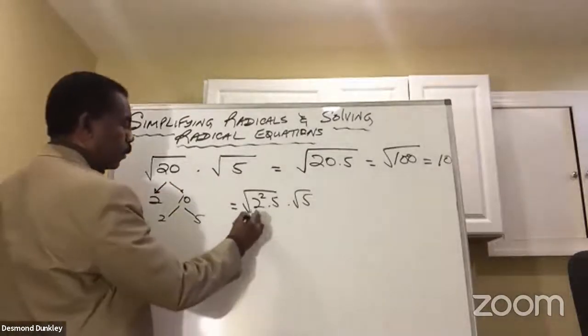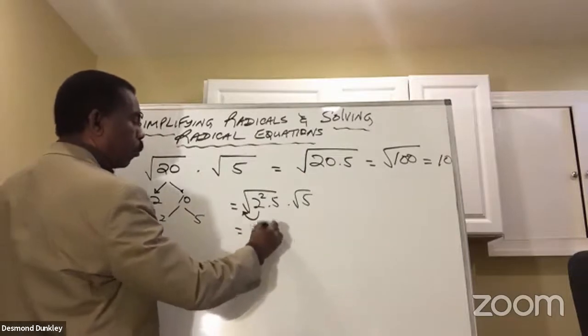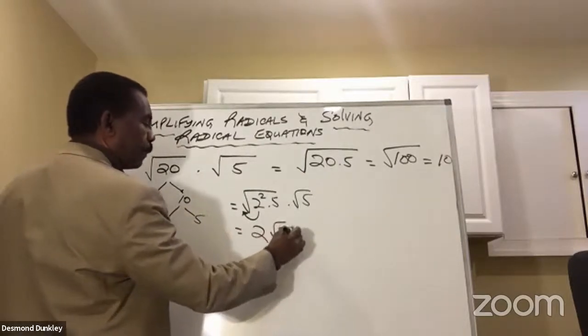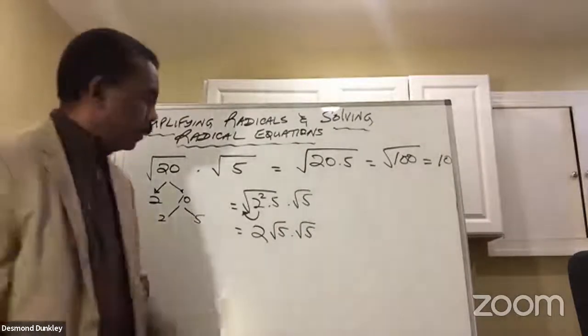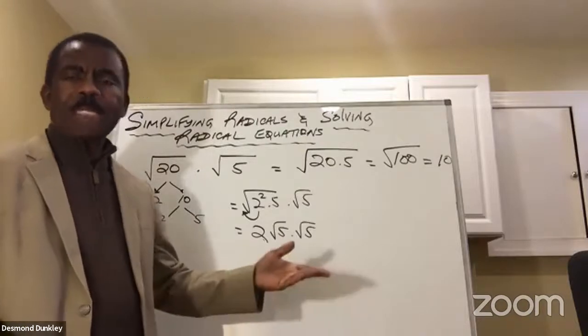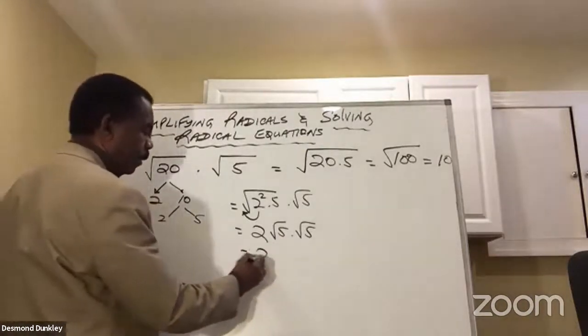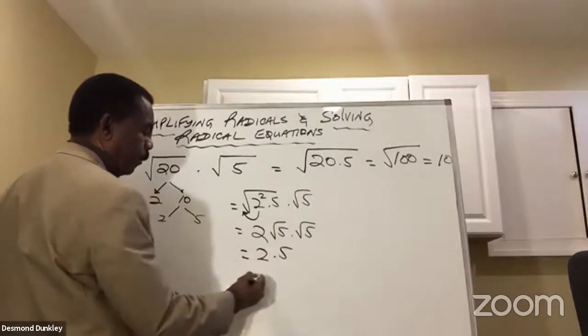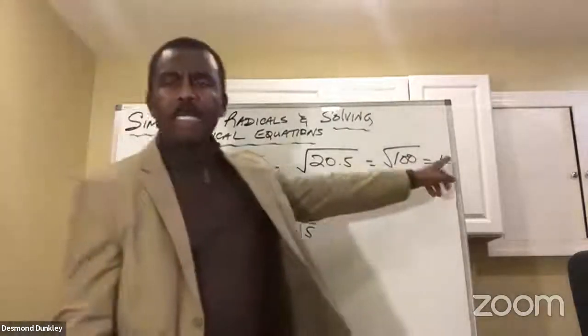So it's equal to, 2 comes out. So it's 2 root 5 times root 5. So it's the square root of 5 times the square root of 5. So that's going to be 5. It's actually 2 times 5, which is equal to 10. Okay? Same answer as before.